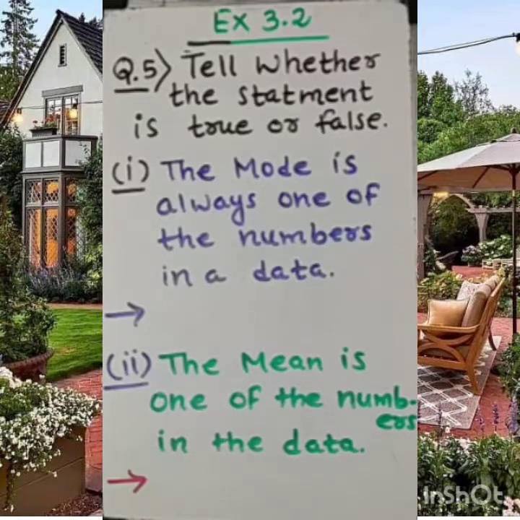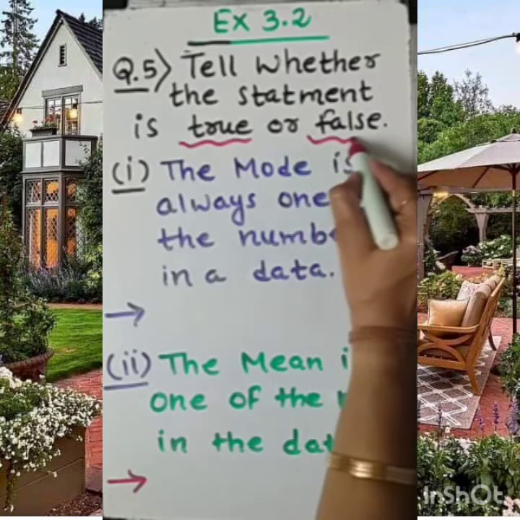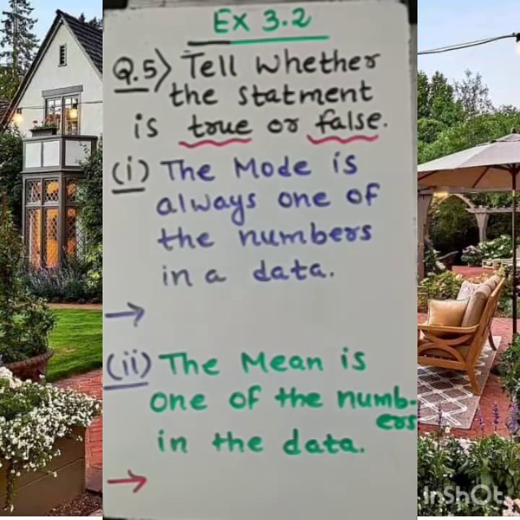You can see we are given: tell whether the statement is true or false. Only we have to say whether the given statement is true or false. Let's go with the first. The mode is always one of the numbers in a data.